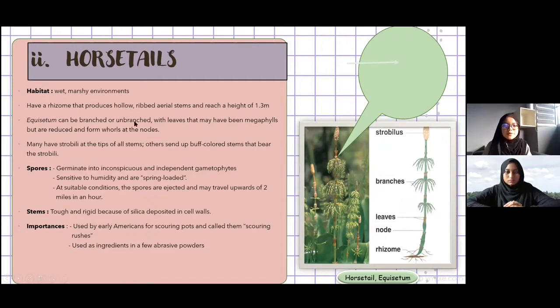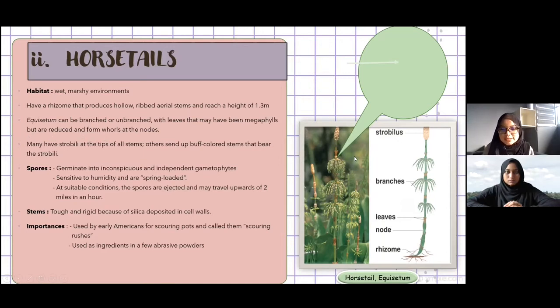Equisetum can be branched or unbranched. This is the part of the Equisetum that is branched. They have branches, and there are also parts that are unbranched, which means the leaves may have been megaphylls but are reduced and form sheaths at the nodes.